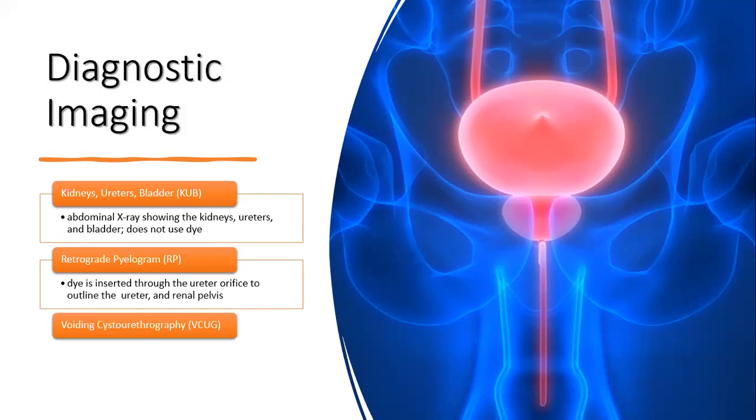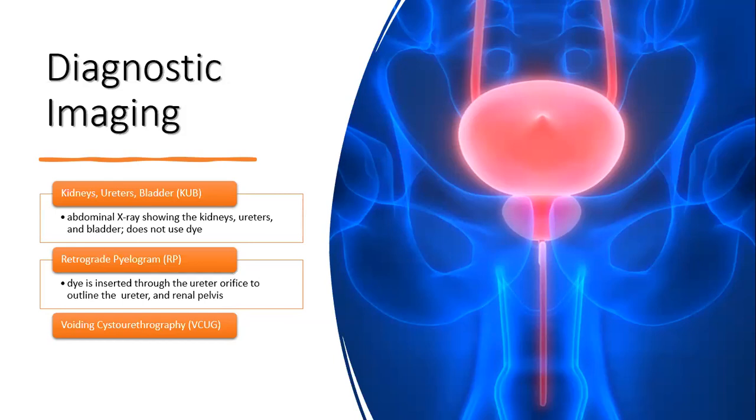Voiding cystourethrography, VCUG, is the most useful investigation for kids who complain of recurrent UTI.